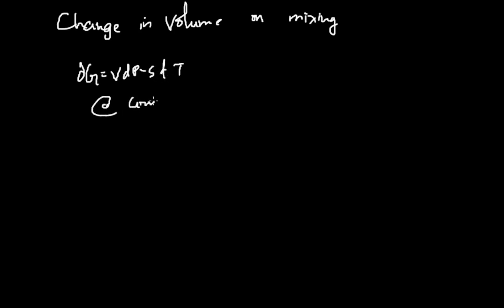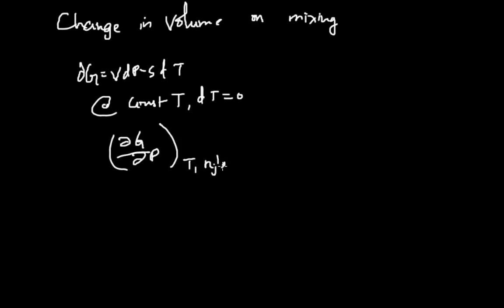At constant temperature, dT becomes 0, and therefore dG by dP at constant temperature, holding the amounts of all other constituents constant, gives you V. Since G and V are both state functions, this can be extrapolated to mixtures.